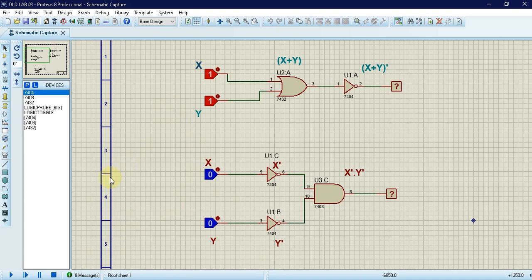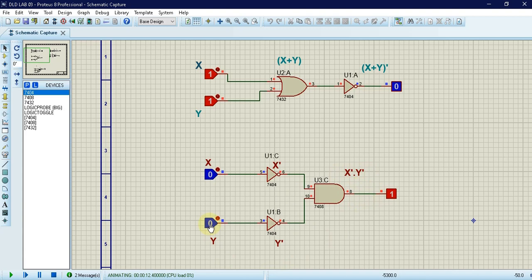Now concentrate on this circuit. As we said earlier, if we give both of our inputs 0 and 0, they will be inverted as 1 and 1, and as we know from the truth table of the AND gate, 1 and 1 gives an output of 1.